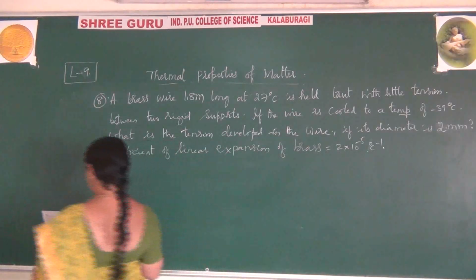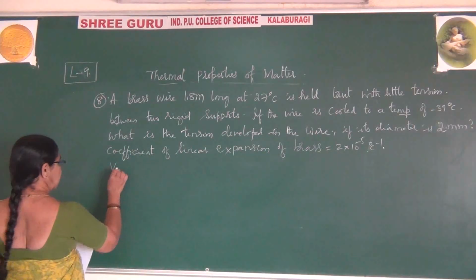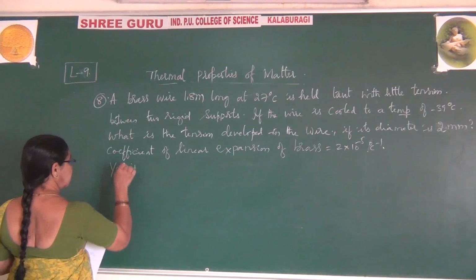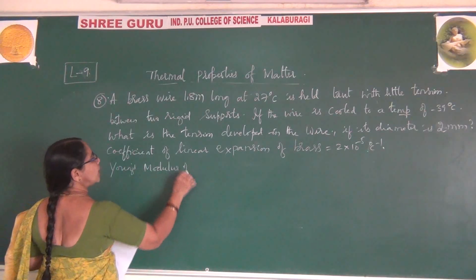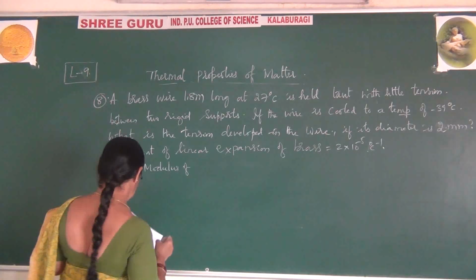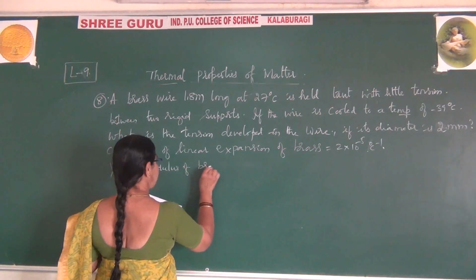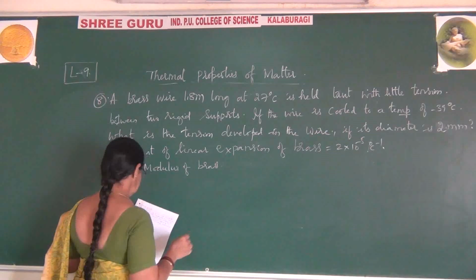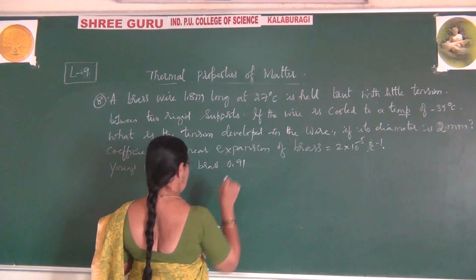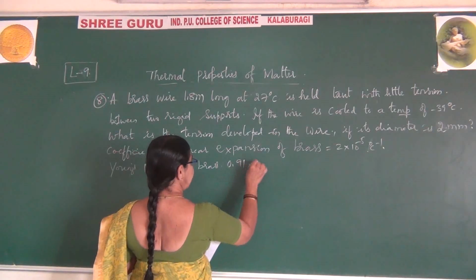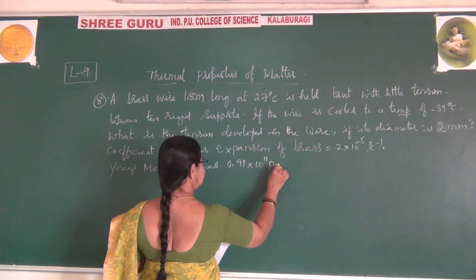Young's modulus of brass is 0.91 into 10 raised to 11 Pascal.